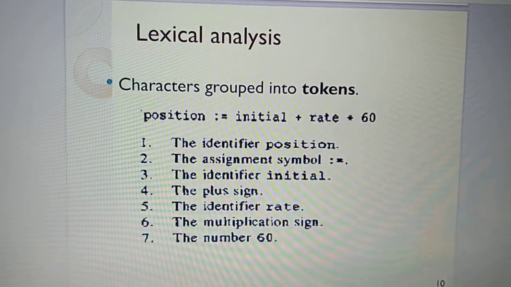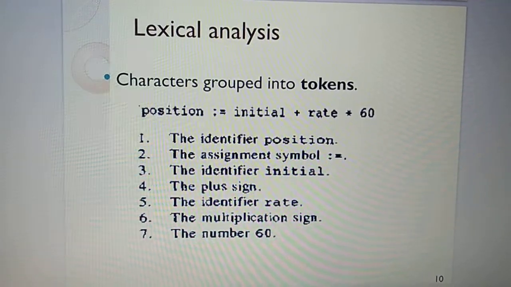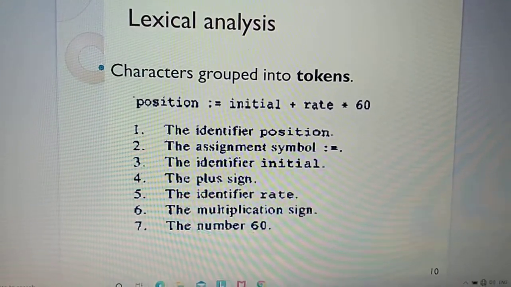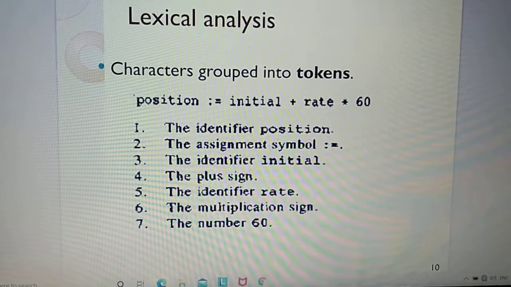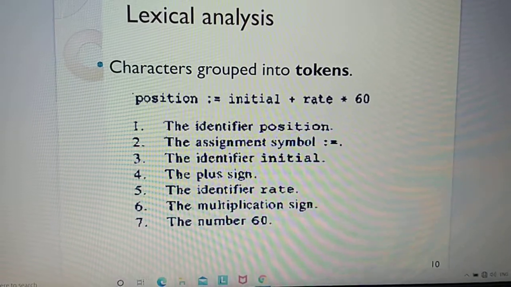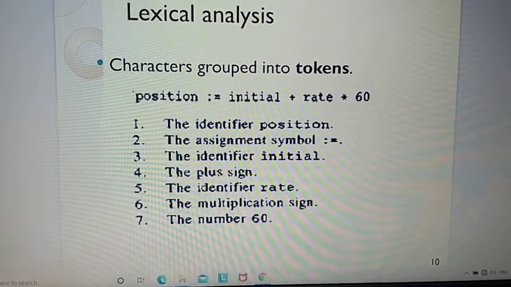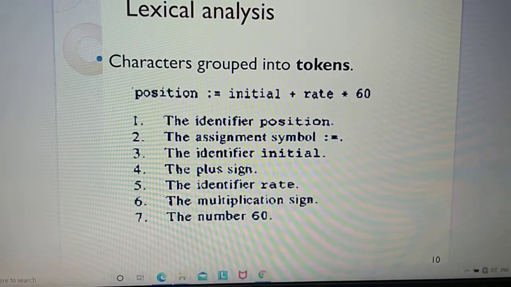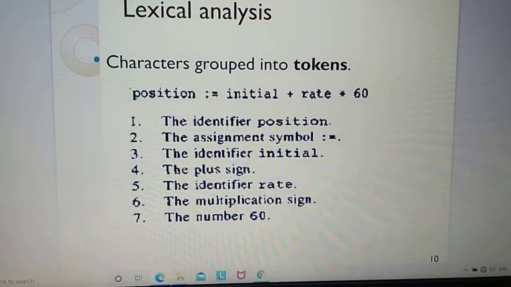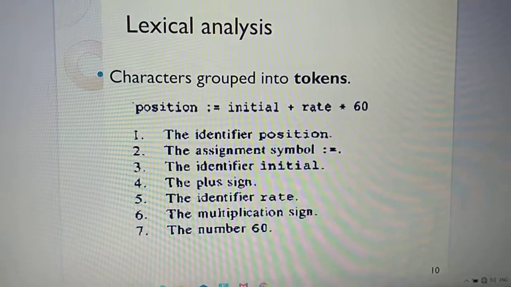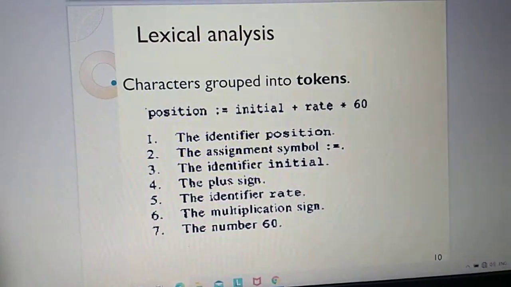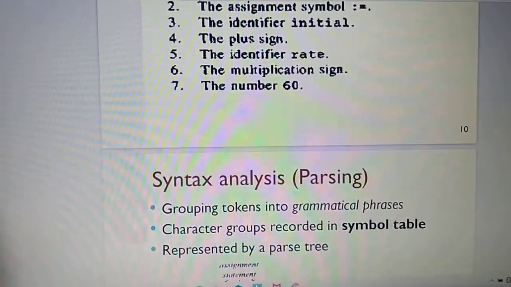Then we have initial, identified as the identifier initial. Then plus, identified as the plus sign. Then rate, identified as the identifier rate. Then the multiplication symbol, identified as the multiplication sign, and then 60, which is identified as the number 60. So, all the tokens are identified in the lexical analysis phase.